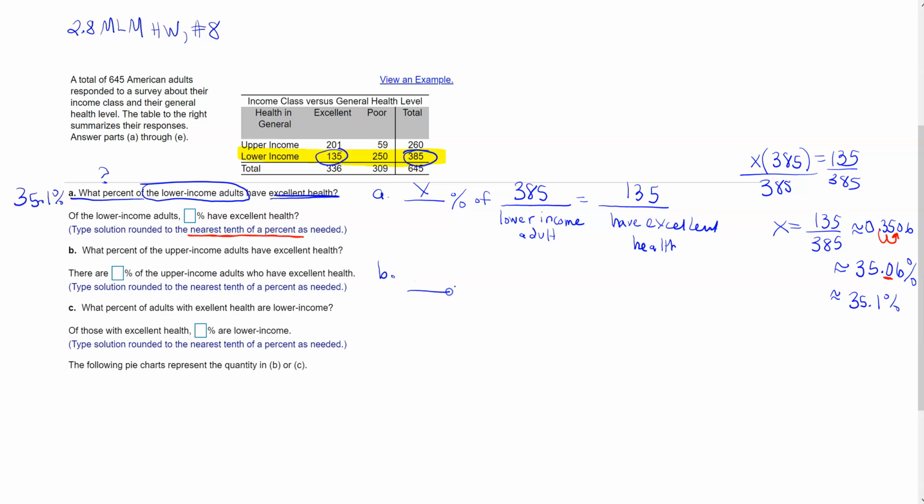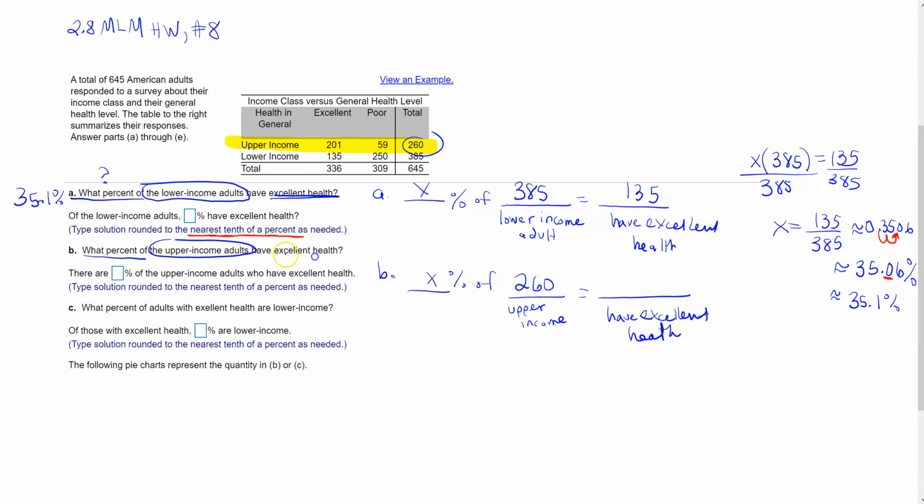So let's do B. What percent of who? What percent of the upper income adults? So now I'm just going to focus on all these upper income adults. So that's 260 upper income adults. Okay, and then we're going to focus on those upper income adults that happen to have excellent health, and that would be 201. And now when we do the math for this, you can set up your equation.